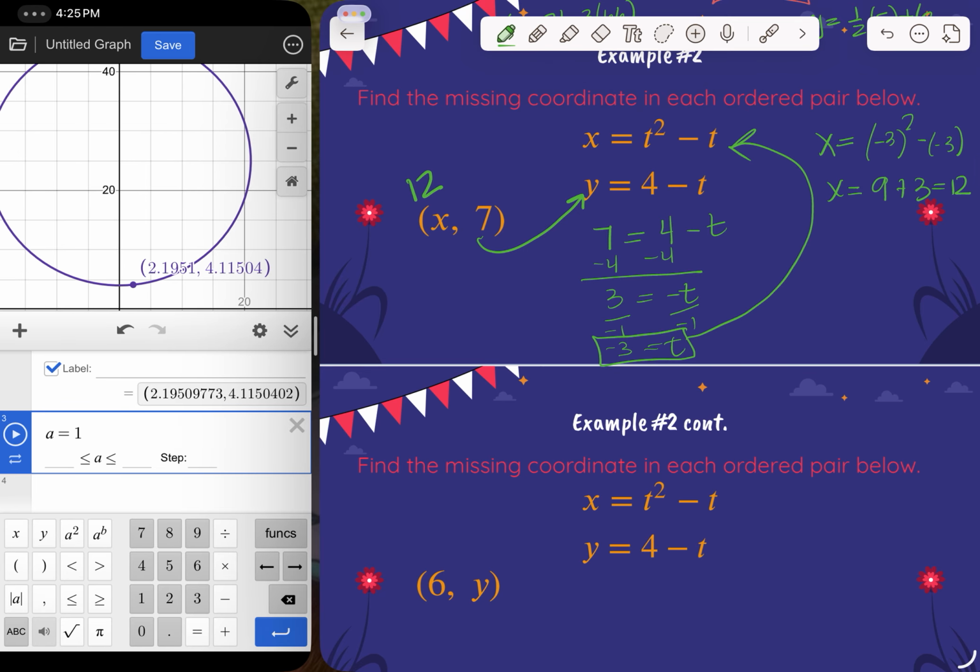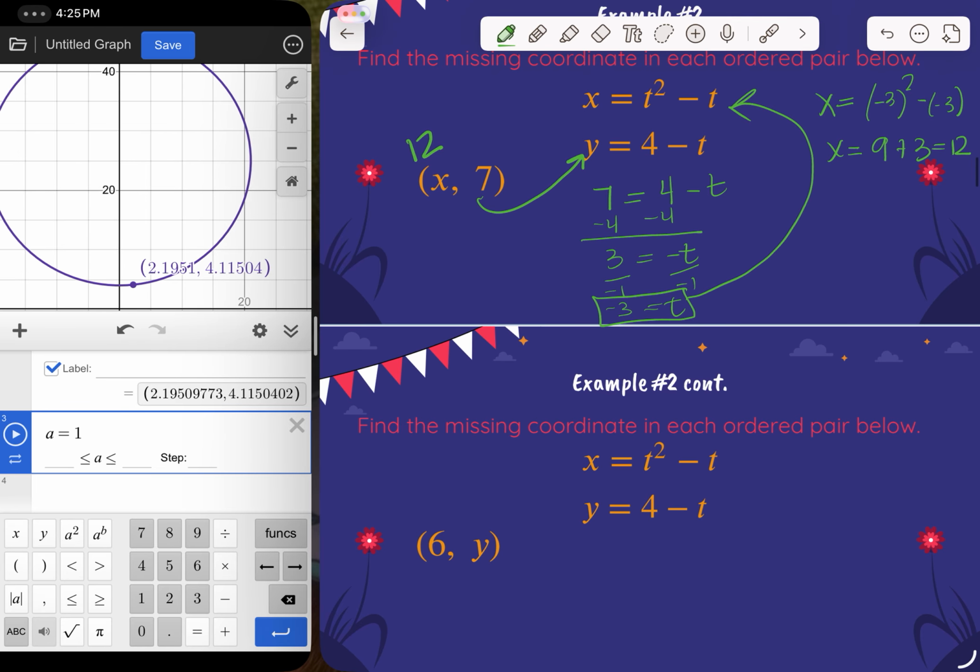Same two equations, but this time I have x. So I have 6 equals t squared minus t. What I need to do now is set this equal to 0.